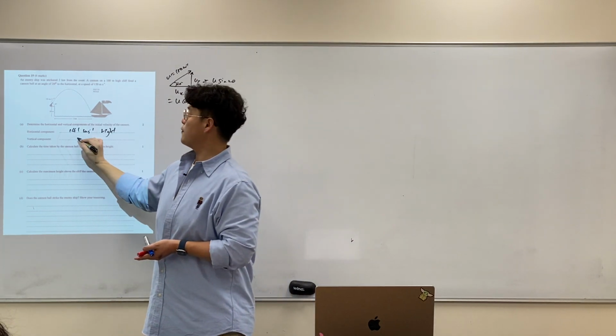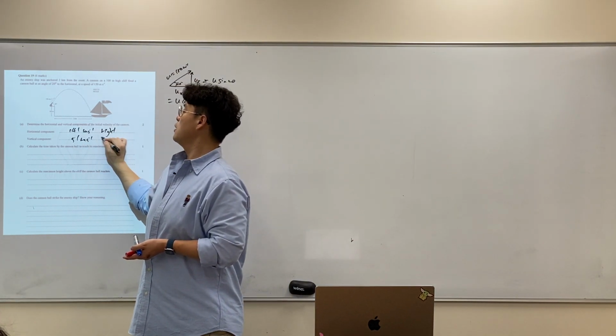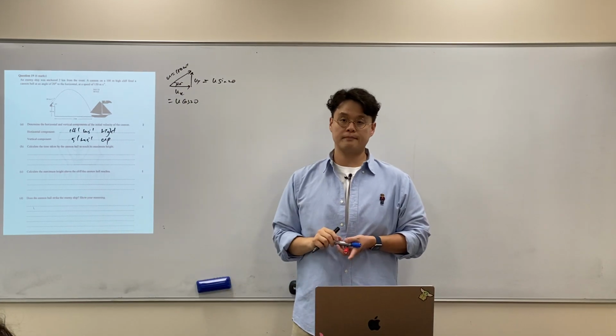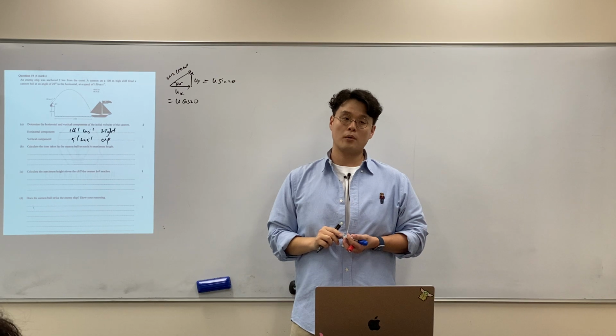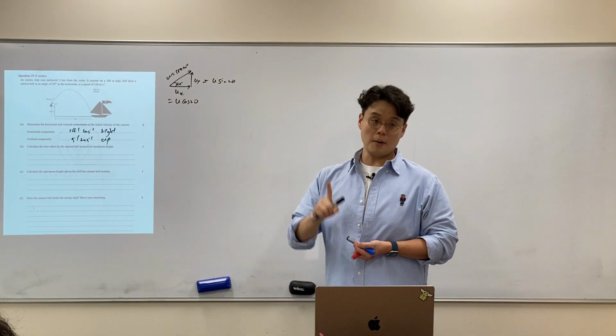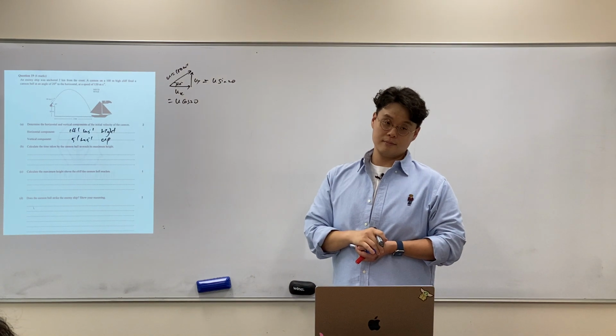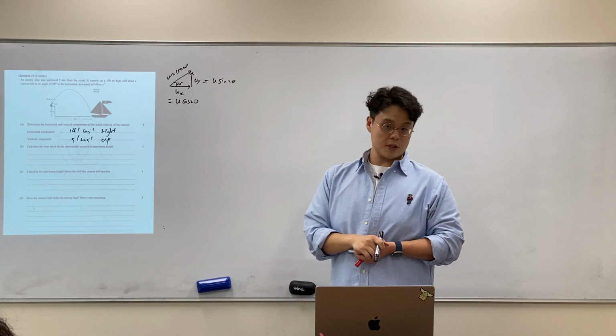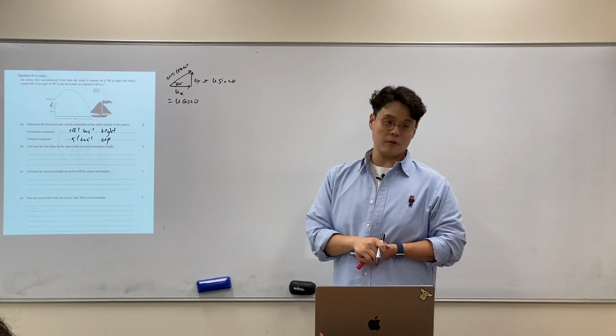And it's 51 meters per second up. Direction. If you didn't write the direction for 2, you get 0. Up, and to the right or forward. Did the question say the magnitude? No.